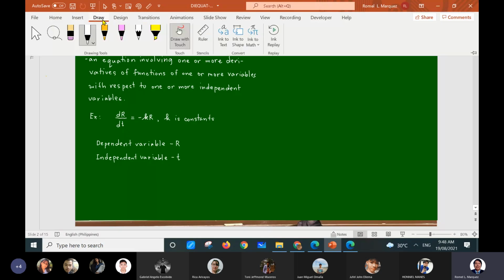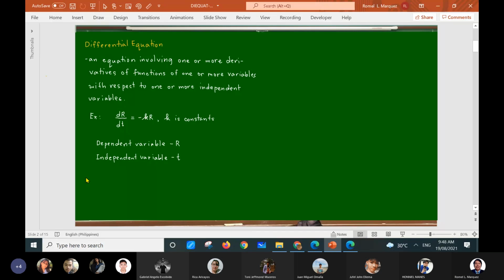So when we say dependent variable, relative to the concept of differential equation, it means that it is the variable whose derivative is taken.